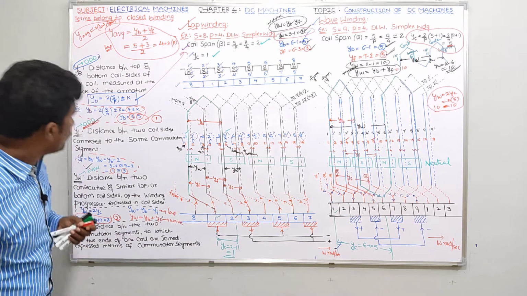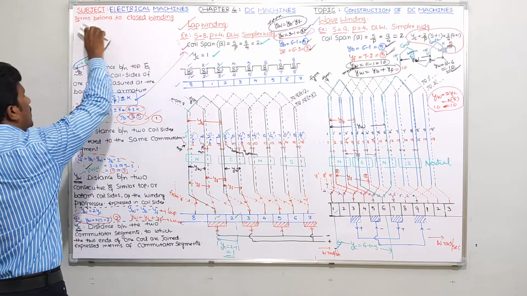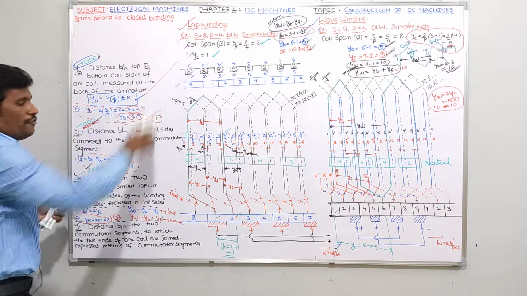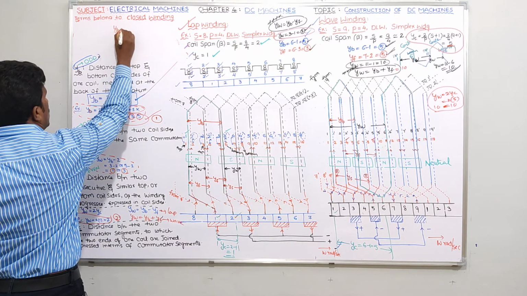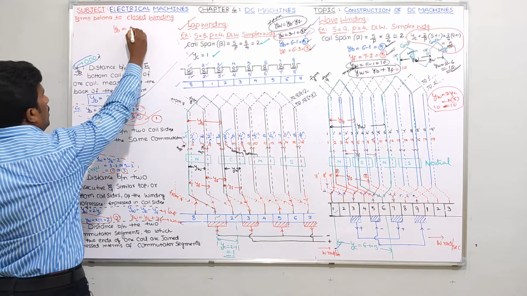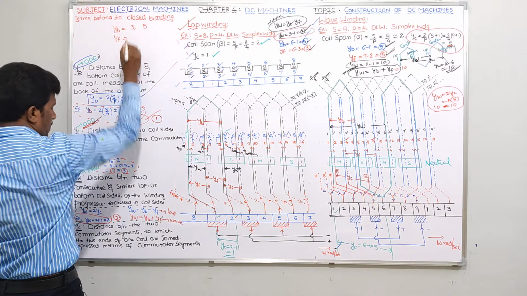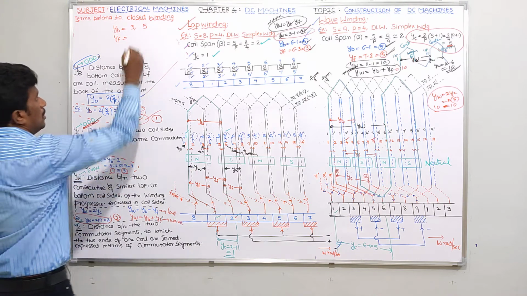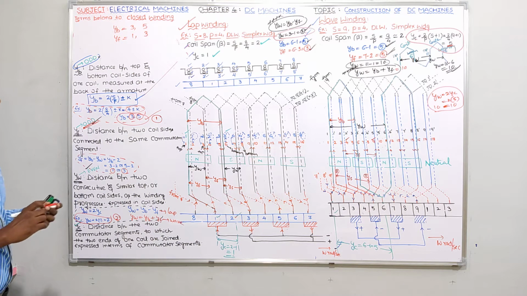You are getting 2 values for YB, and 2 values for YF. YB, how much are you getting? 3, 5. And YF, how much are you getting? Please tell me. 1, 3. Okay. So among this YB 3, 5, YF 1, 3.